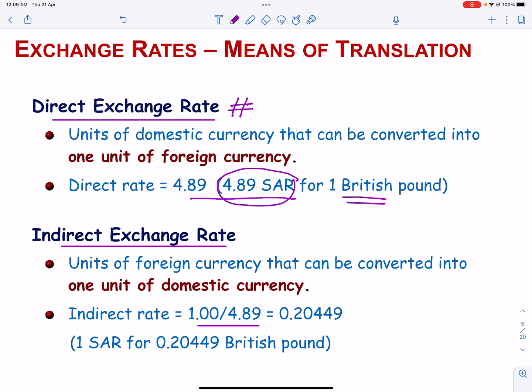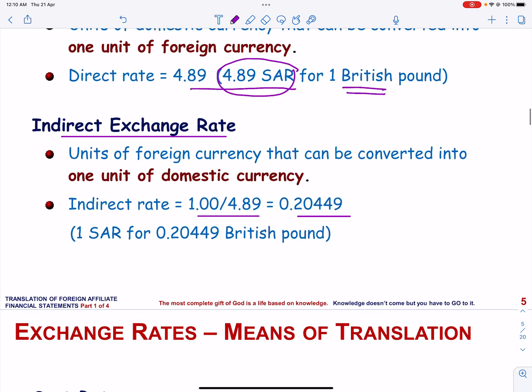So we need 0.20449 British pounds to buy 1 Saudi riyal, or 1 Saudi riyal is equal to 0.20449 British pound. Other basic terminologies we need to know are spot rate, forward or future rate, and forward exchange contract.